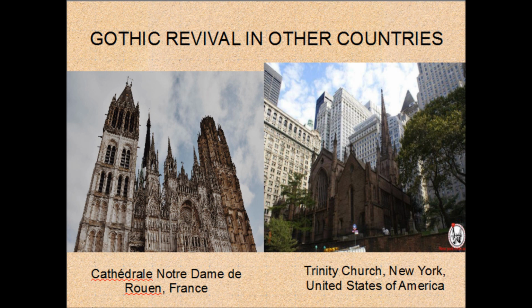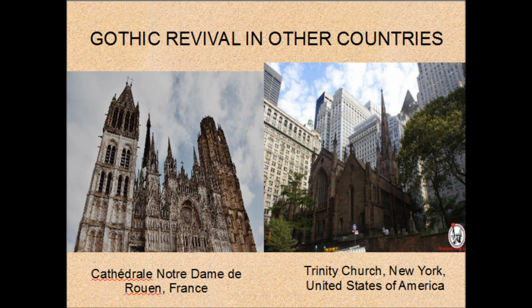The Neo-Gothic movement also spread outside of England, in Europe, but also in other continents, like in France, where the Cathédrale Notre-Dame, on the left side, situated in Rouen, was constructed from 1750 onwards. We can see clearly the Gothic elements of this cathedral.